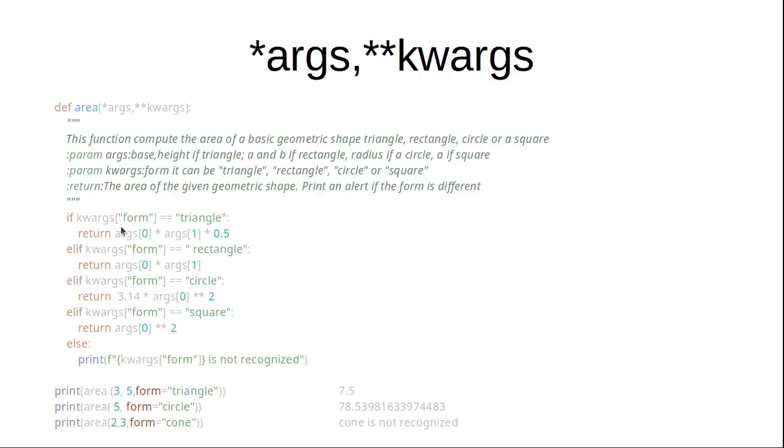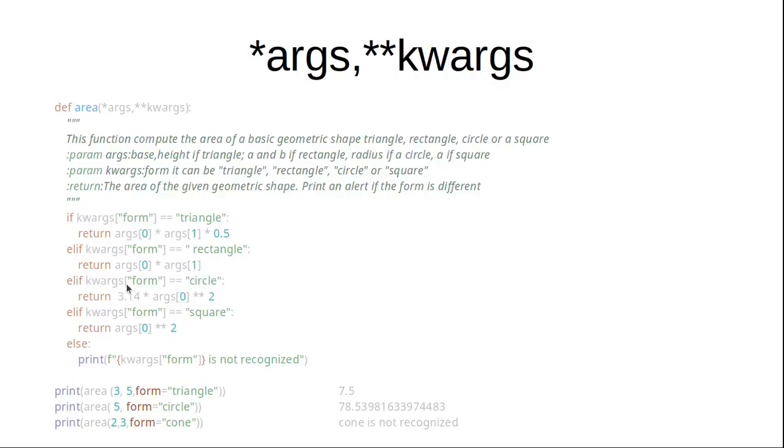If keyword arguments form is equal to triangle, return args 0 multiplied by args 1 divided by 2. Else if keyword arguments of form is equal to rectangle, return args 0 multiplied by args 1.